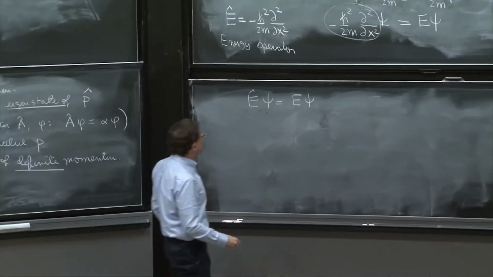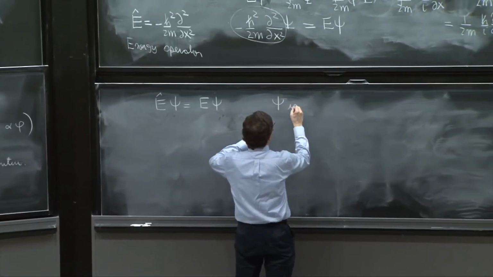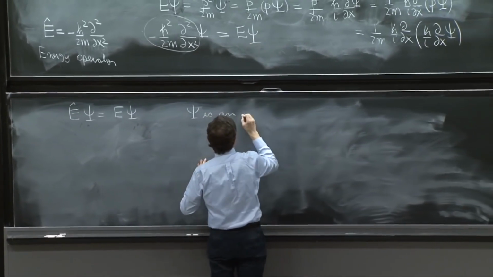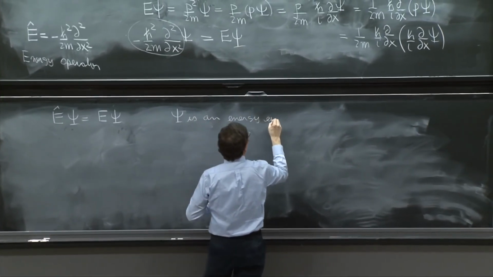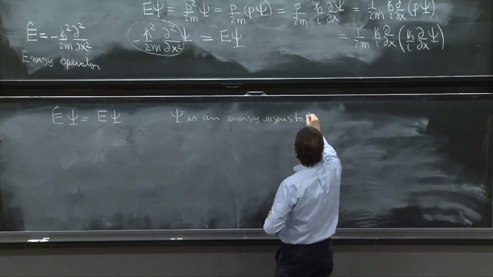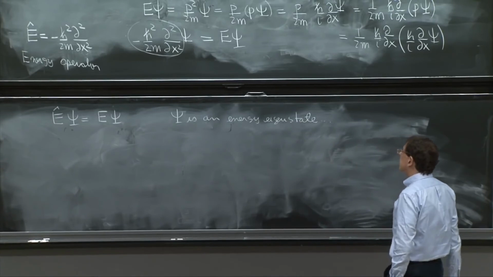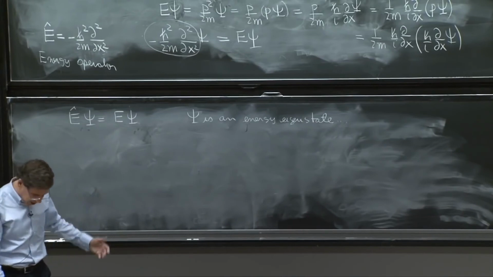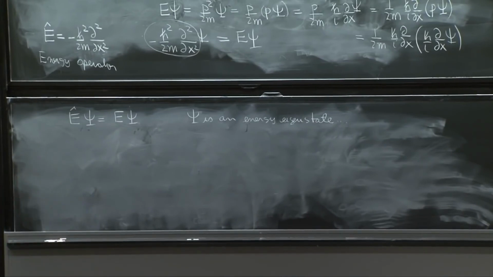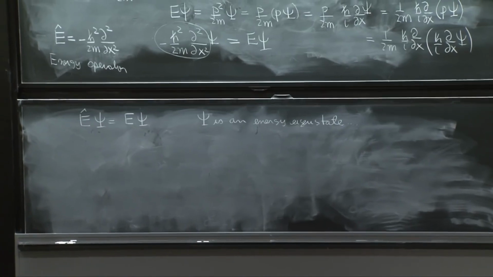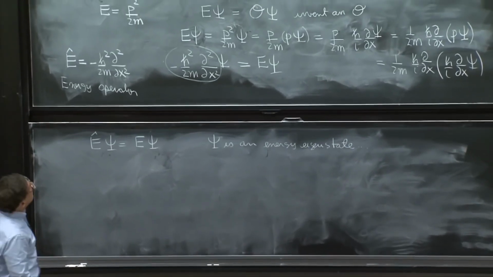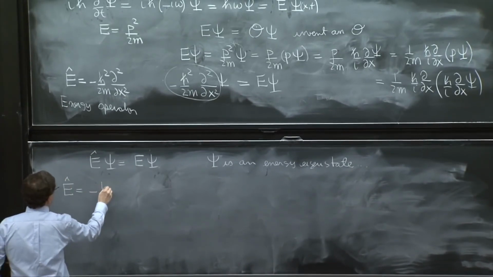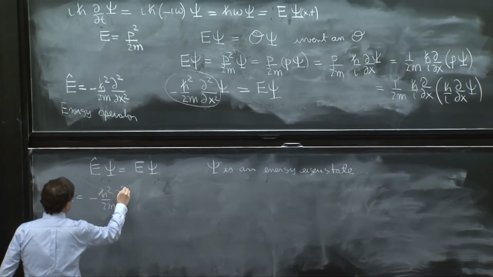So this state, again, is an energy eigenstate. The energy operator on the state is an energy times the same state. So psi is an energy eigenstate, or a state of definite energy, or an energy eigenstate with energy E. I can make it clear for you that, as you've noticed, this energy operator is minus h bar squared over 2m d second dx squared.